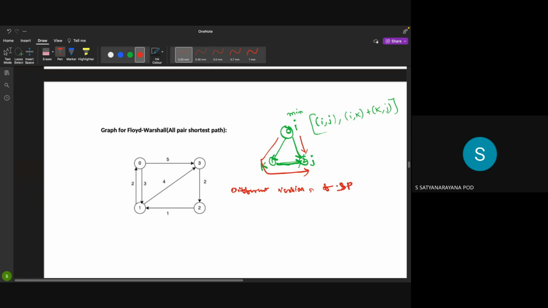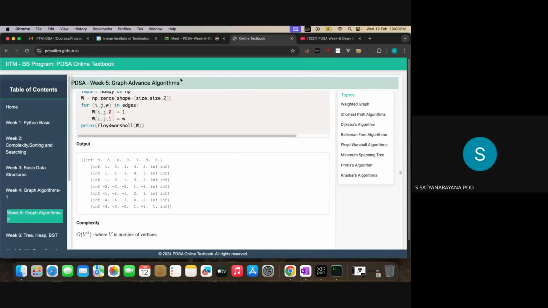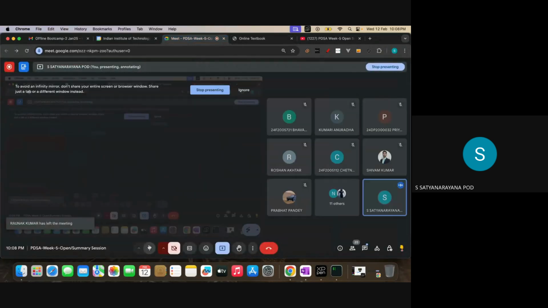Hope you understand this concept: whether the direct edge is minimum or via K is minimum, that's what we are checking. We apply the minimum function. Is it clear? Just give me one second before I start the algorithm process.